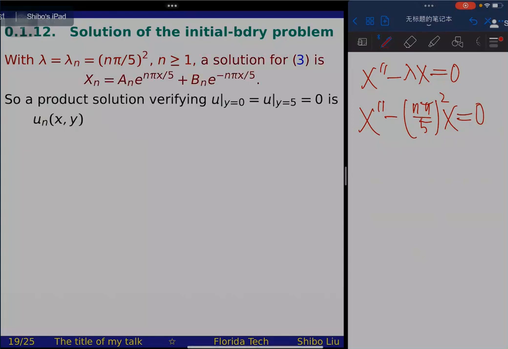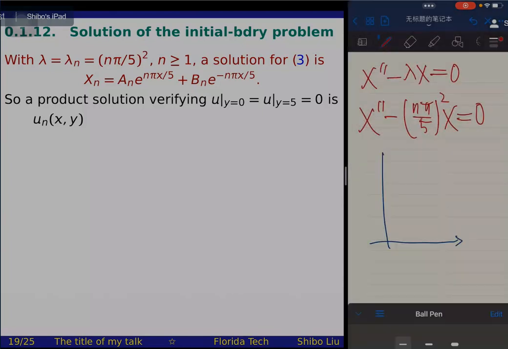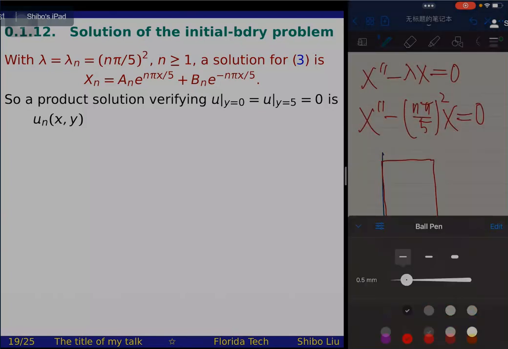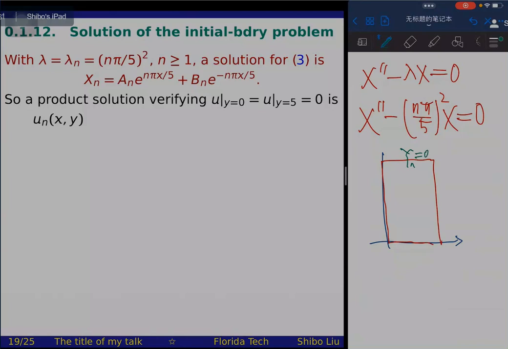Now, having obtained the capital X, that is our Xn, we can construct the product solution. This product solution satisfies the boundary condition on the top and the bottom boundary of the domain. Our region is this rectangle. Our Yn is 0 on top and on the bottom.